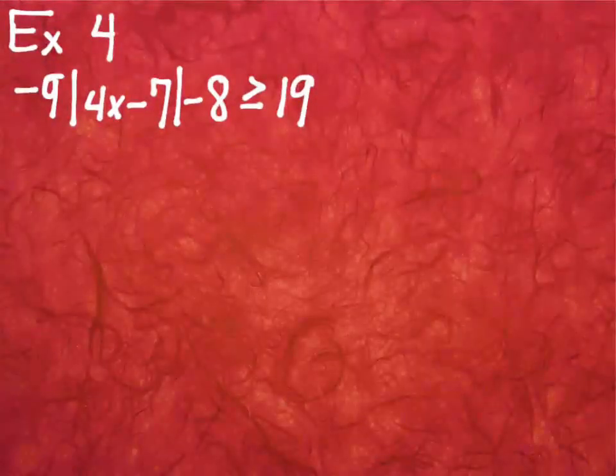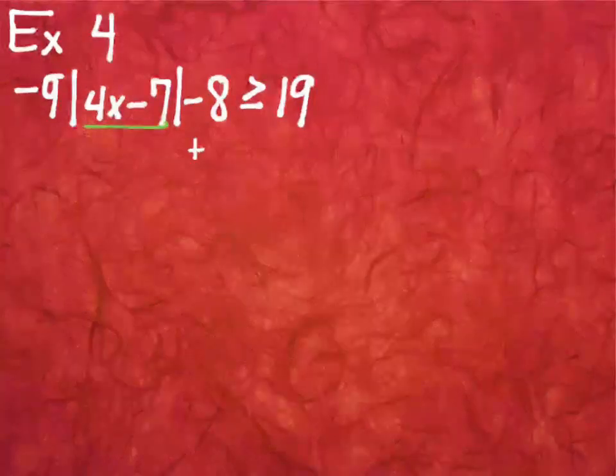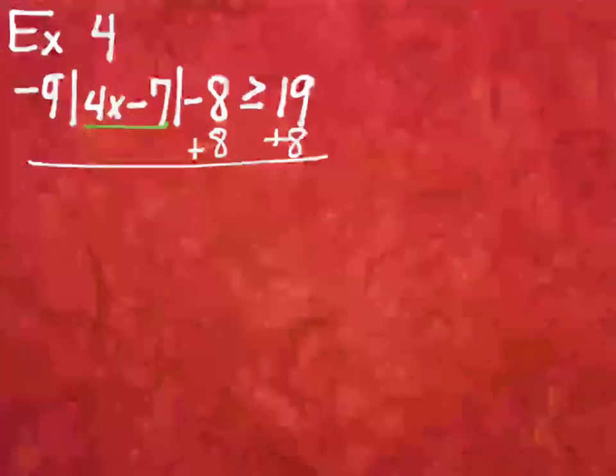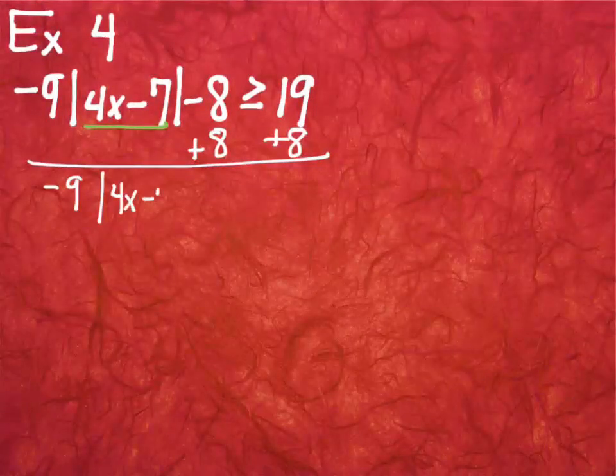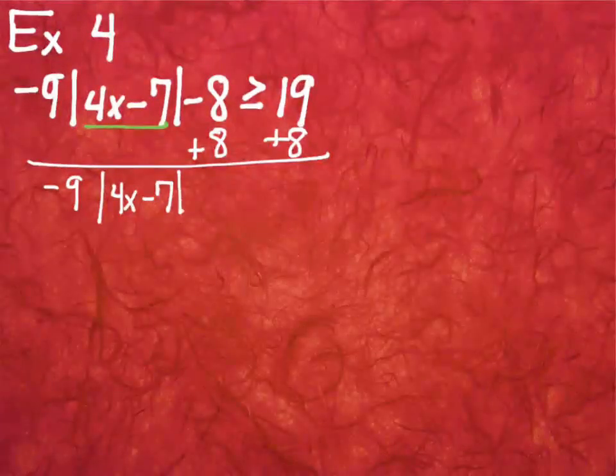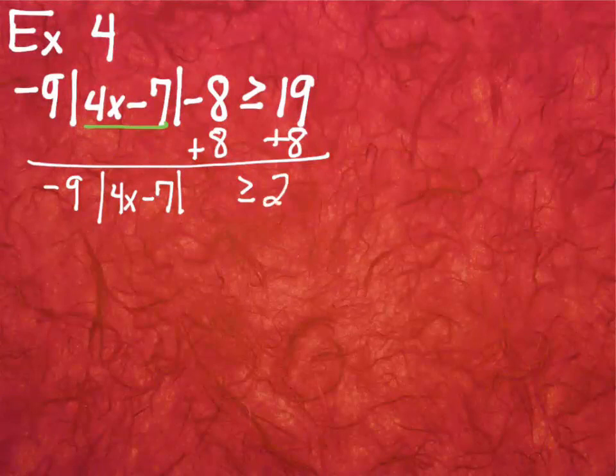So we need to get the absolute value by itself before we can start doing anything else. The thing that does not belong over here is that negative 8, so we need to add 8 to both sides. And that gives us negative 9 times the absolute value of 4x minus 7 is greater than or equal to positive 27. Oops, that wasn't 25, it's 27.